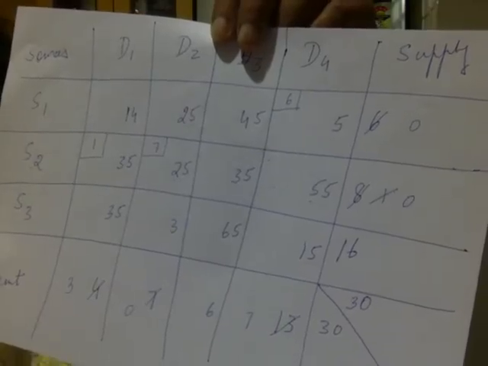The 2 rows have become dummy. We go to S3. Look at S3. You have 35, 35, 3, 65 and 15. Take the least one, 3. But D2 has nothing left. It has no more requirement.